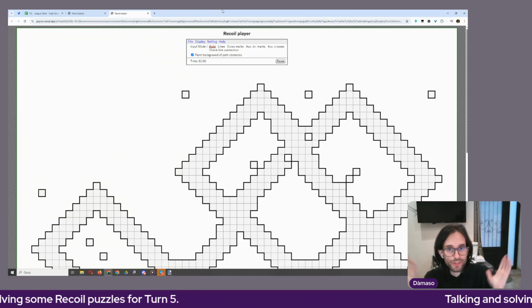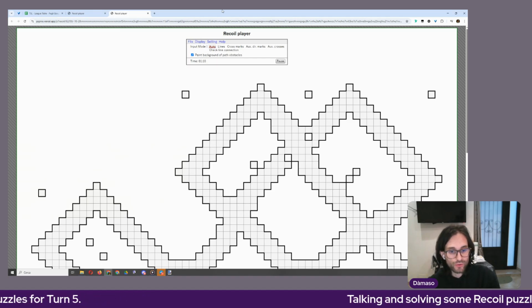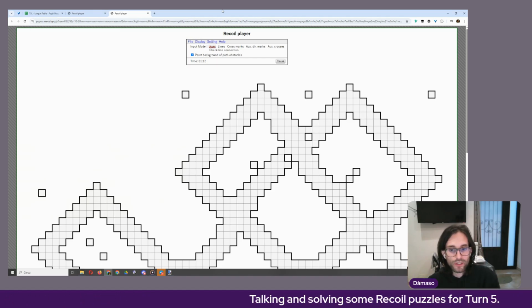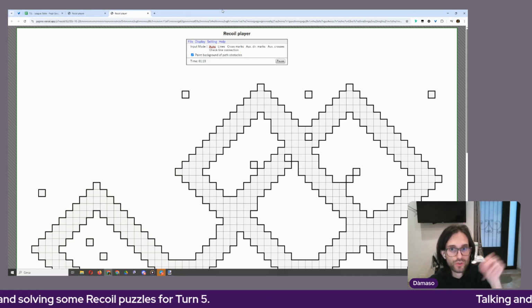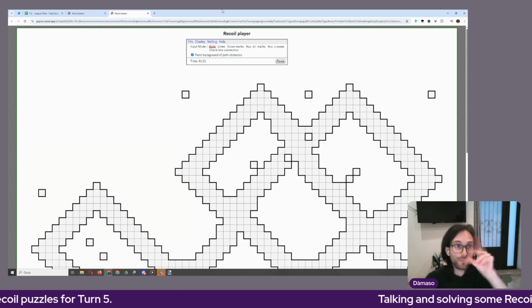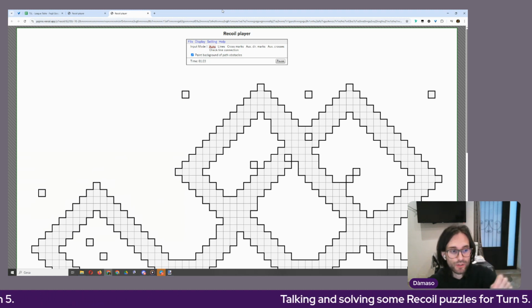Or if you are just solving and you're using my guide to follow along, that's enough. What I'm about to say should be enough to understand what's going on in the puzzle and what the solve path is.